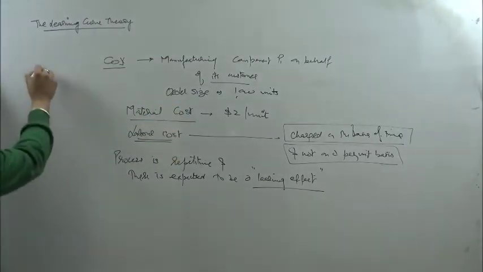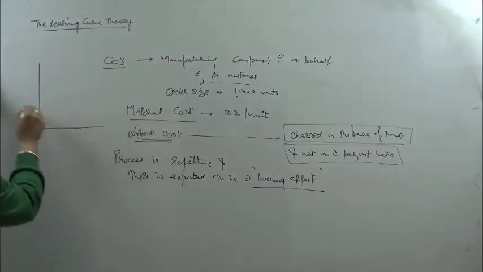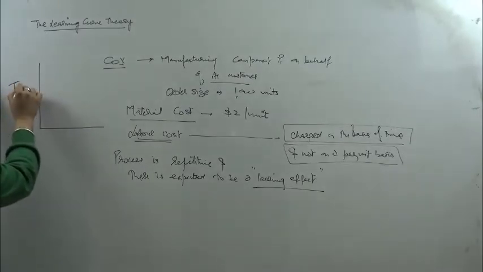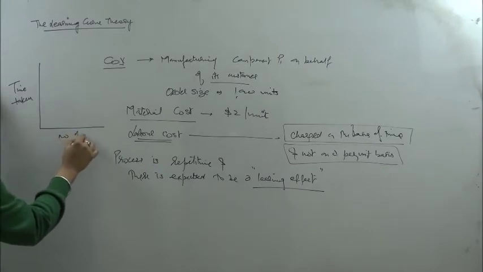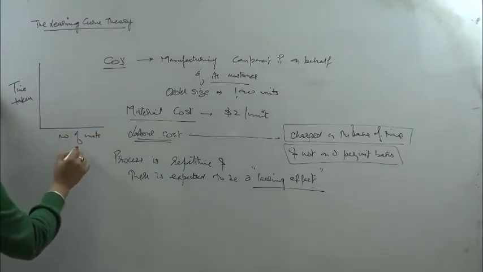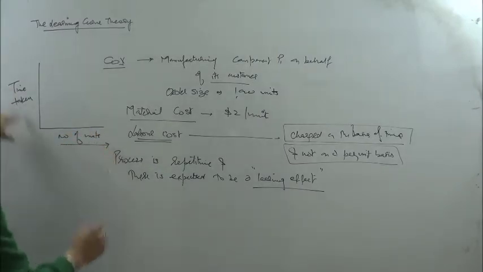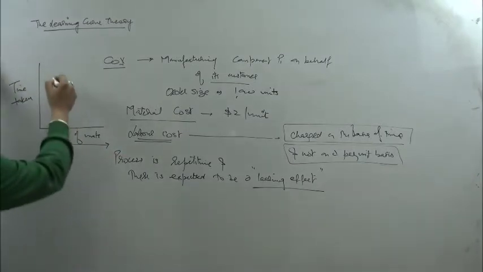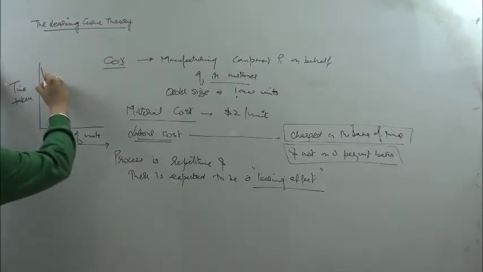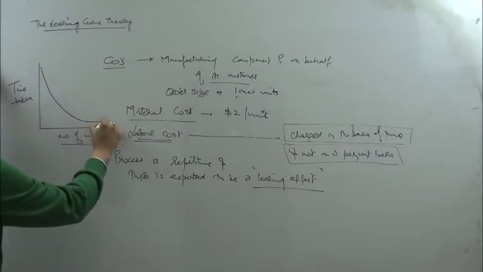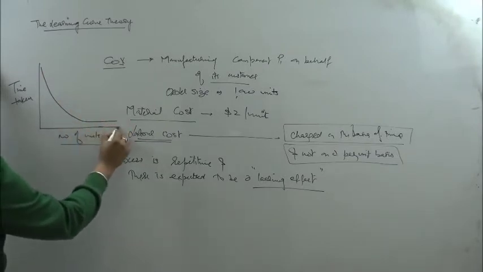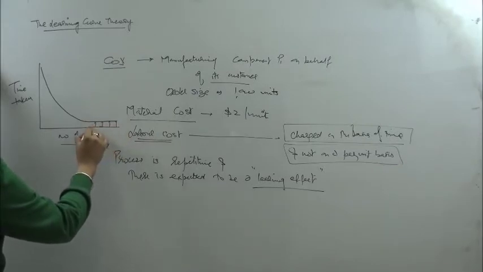In terms of the presentation, if I were to plot it on a graph, say this is the time taken and this is the number of units, then as the number of units increase, my time starts to decline and would reach a minimum amount of time which is in any case required to make a particular unit.